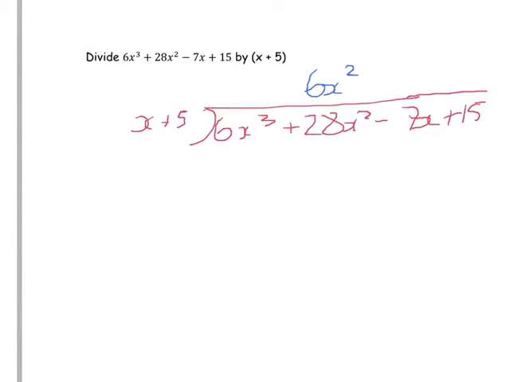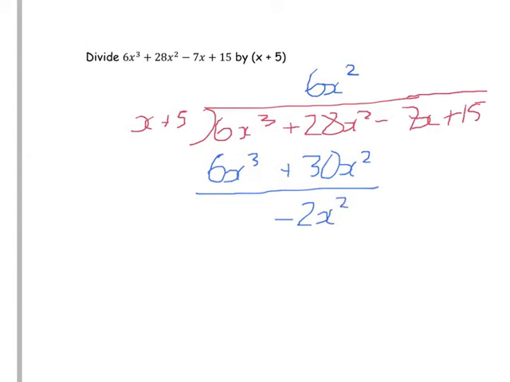Then we multiply the 6x squared by what we've got here: 6x squared times x is 6x cubed, and 6x squared times 5 is 30x squared. We subtract the two, it's always subtract, so that part is 0, the other part is minus 2x squared, and then we bring down the minus 7x and our 15.